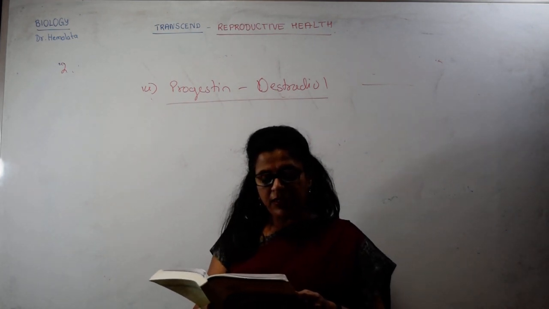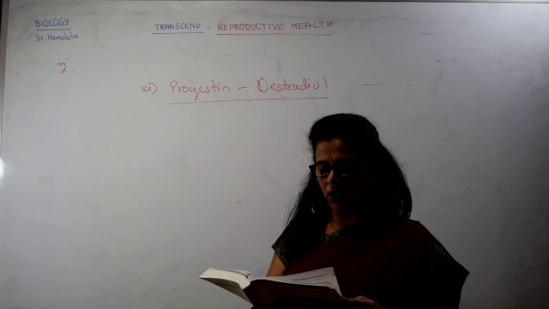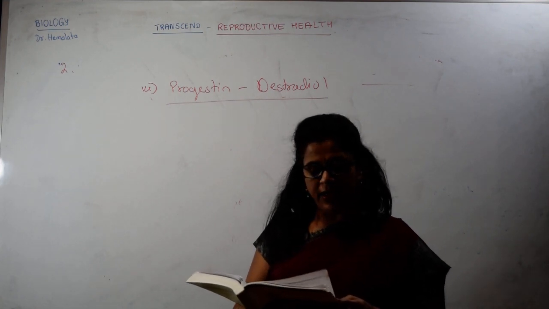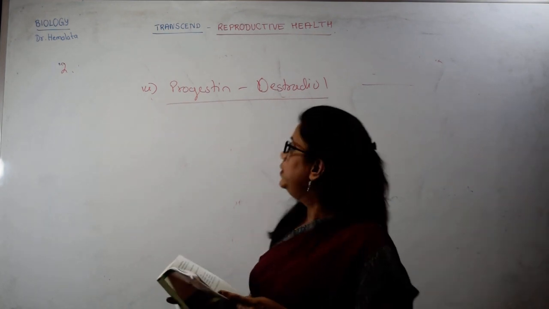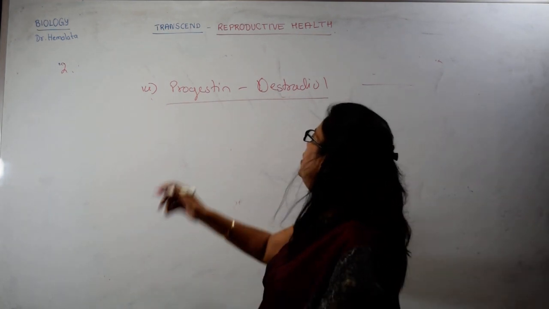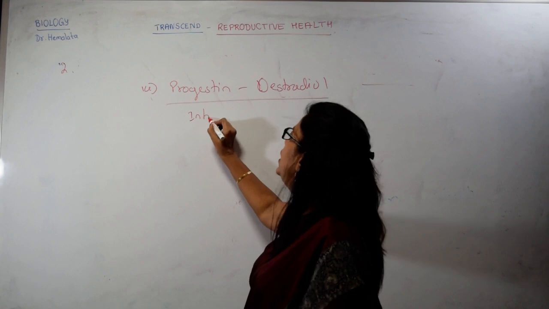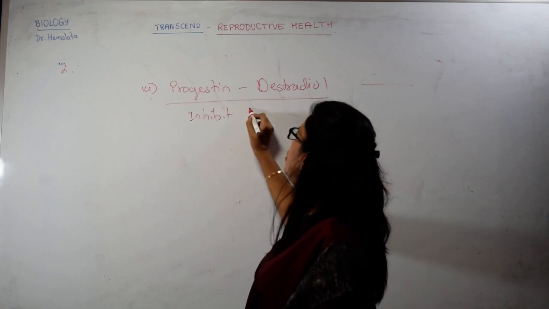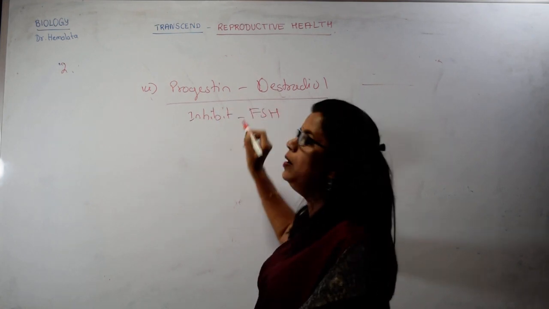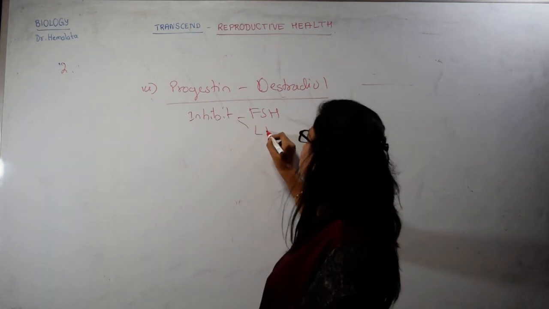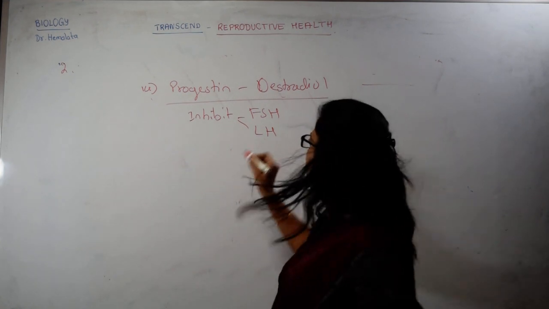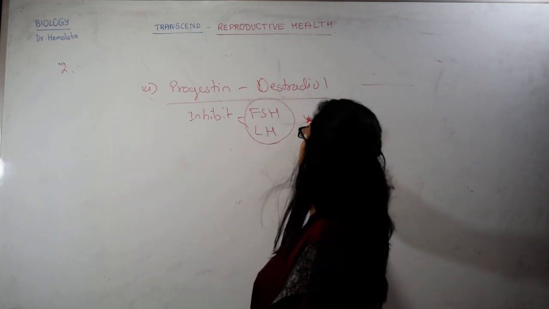Then, inhibiting the secretion of follicle stimulating hormone and luteinizing hormone that are necessary for ovulation is the right option. These two hormones inhibit the production of FSH, required for the maturation of the ovarian follicle into the Graafian follicle, and LH, required for ovulation. Both of them are stopped.